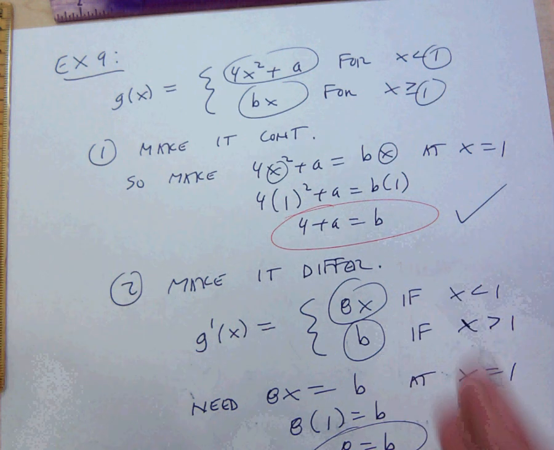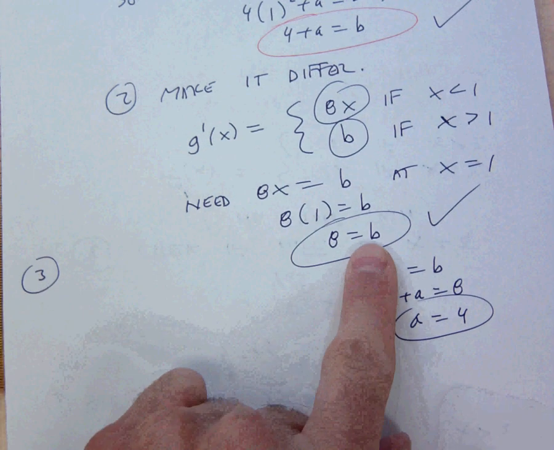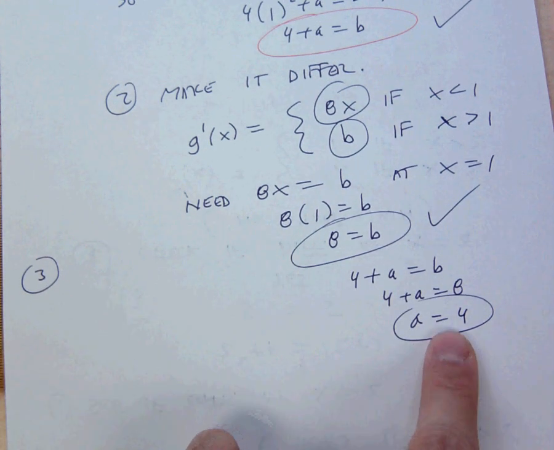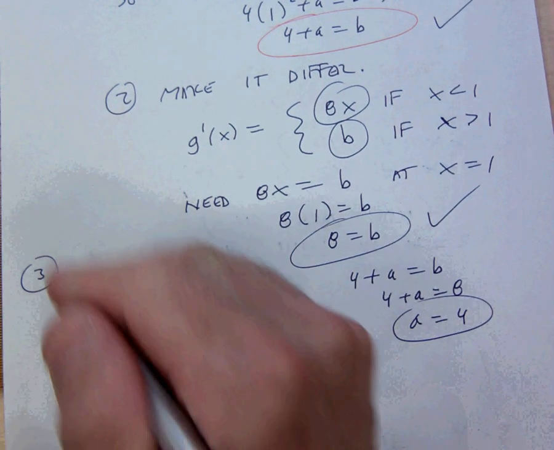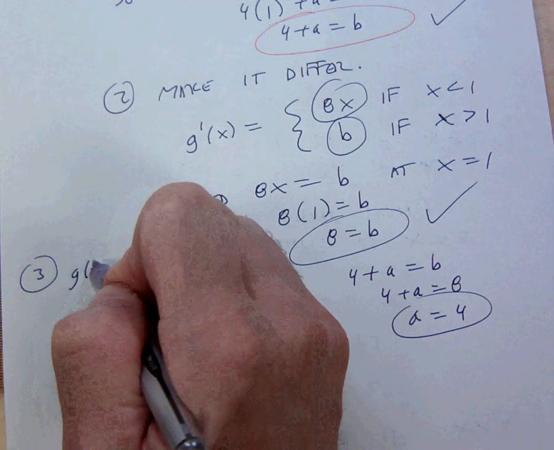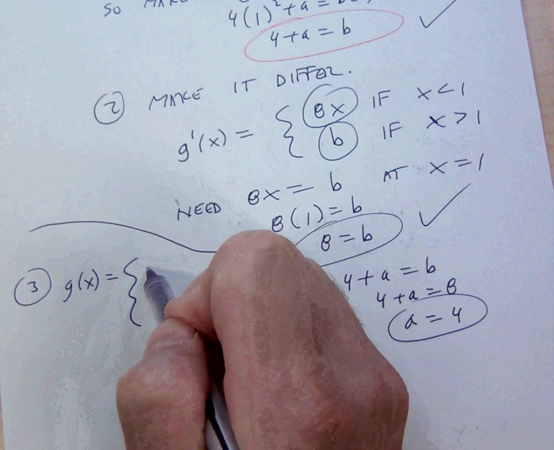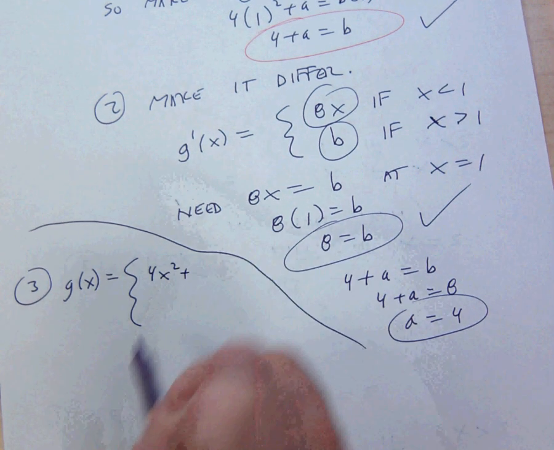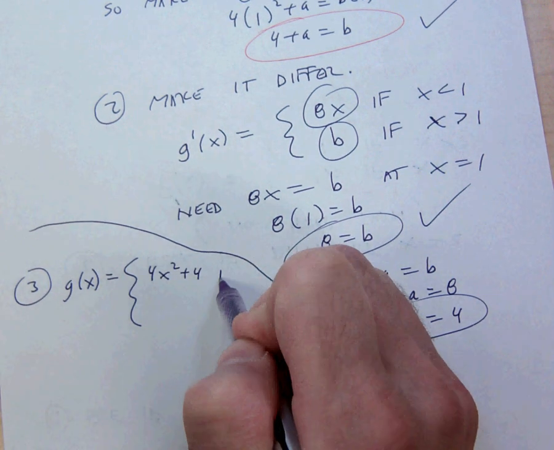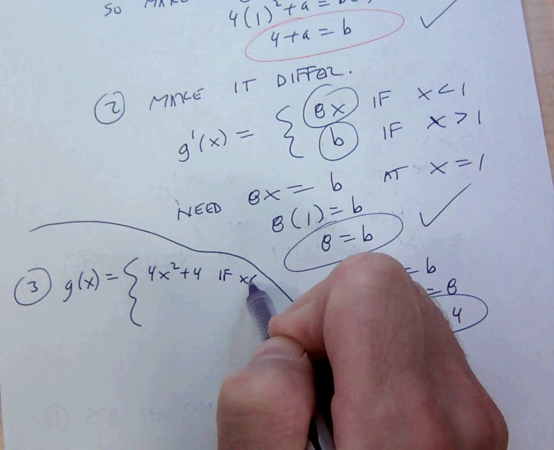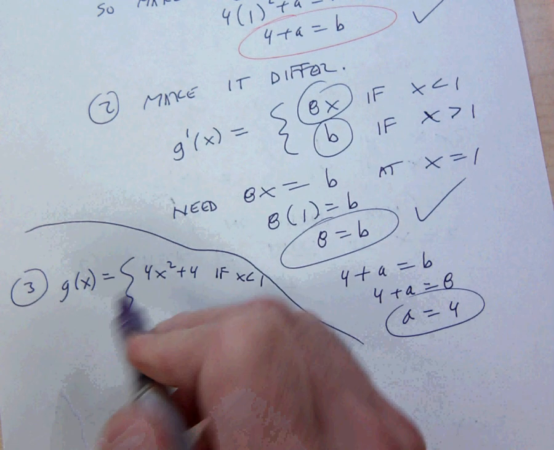By making what? B equal to what? 8 and a equal to what? 4. So what's my final function then? Well, it should be this. And then b is what? 8.